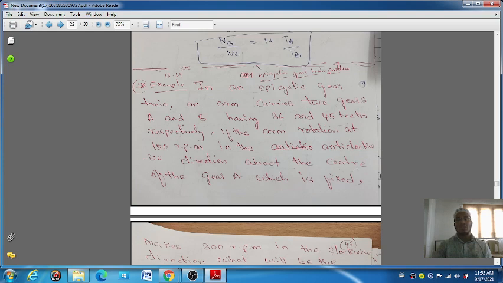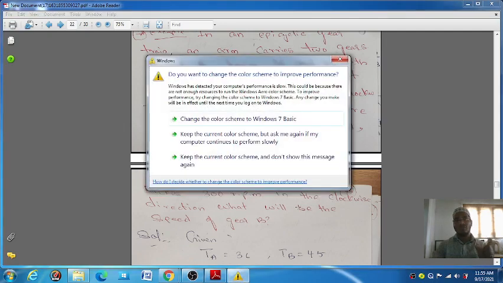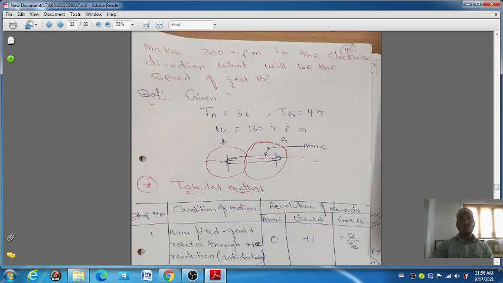It also says that gear A is fixed, and you have to make gear A 300 rpm in the clockwise direction. The question asks you to find the speed of gear B. First we write the given data and the diagram.